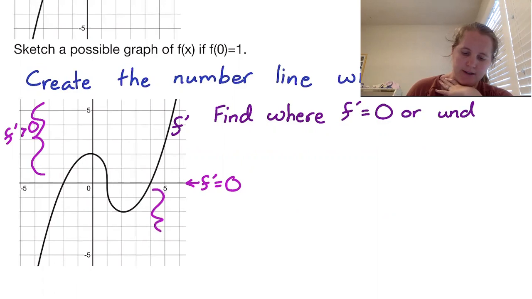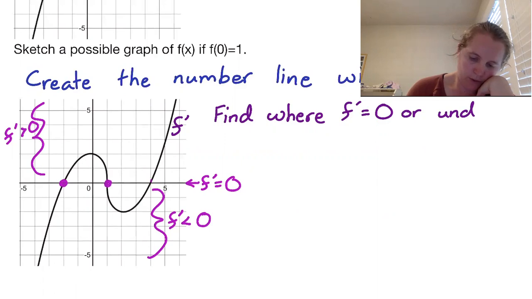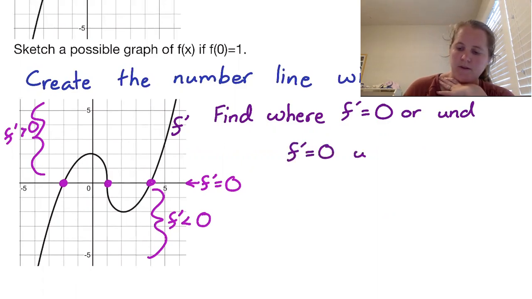Anything below the x-axis, f prime is negative, or less than 0. So our 3 points of interest are at -2, 1, and 4. So f prime equals 0 when x equals -2, 1, or 4.